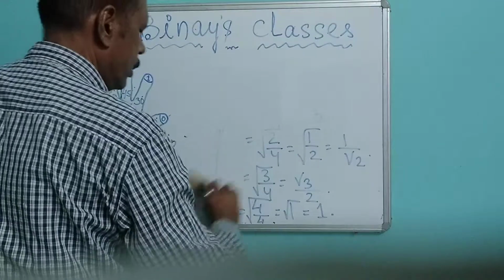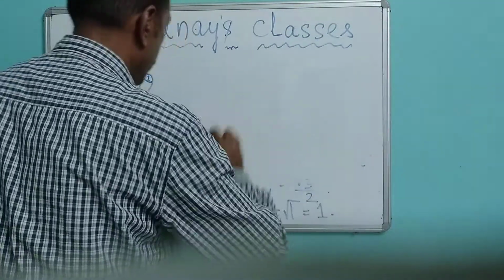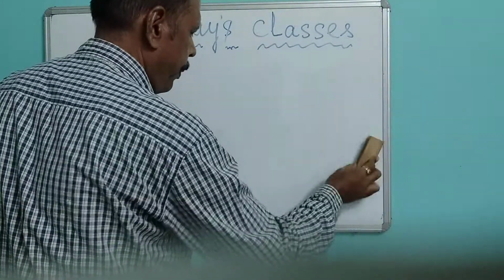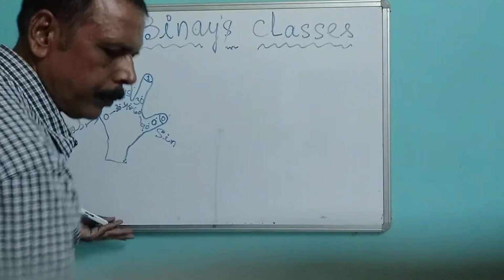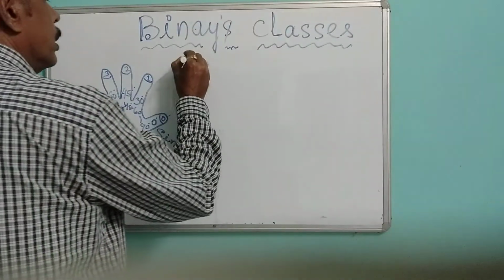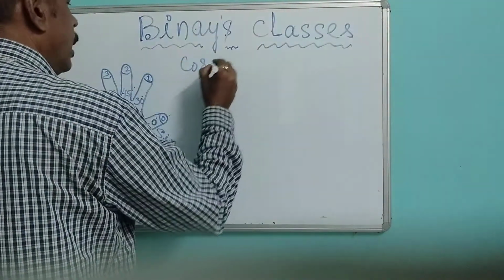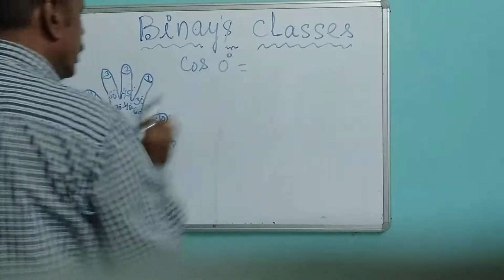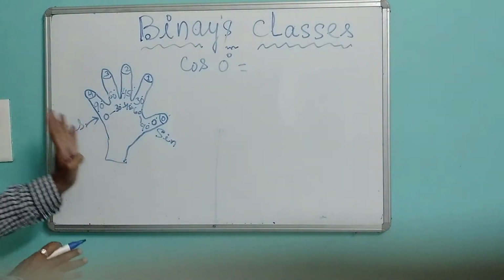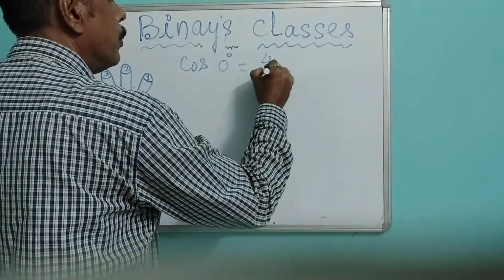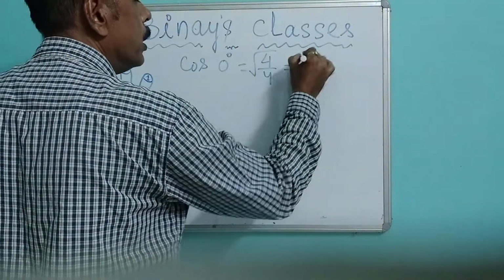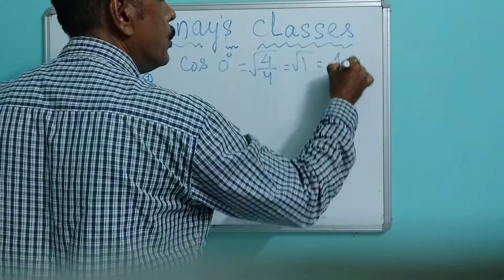Value of cos 0 to 90. Cos 0 degree, immediately you come to this side. Cos 0 is finger number 4 by 4 root over, that is 1 root over, which will give you 1.